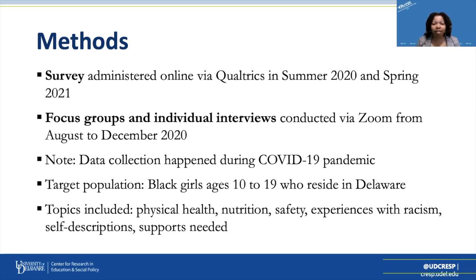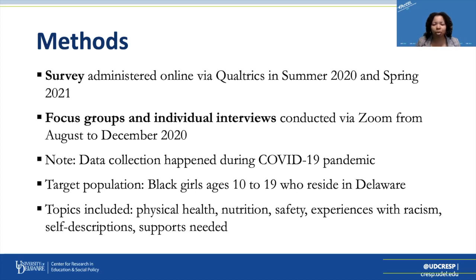We also conducted interviews and focus groups via Zoom in late 2020, and the data were coded and analyzed thematically. Of note, we did collect these data during the beginning of the COVID-19 pandemic, when there were lots of shutdowns and social isolation. Our focal population were Black girls between the ages of 10 and 19 years old who live in Delaware.